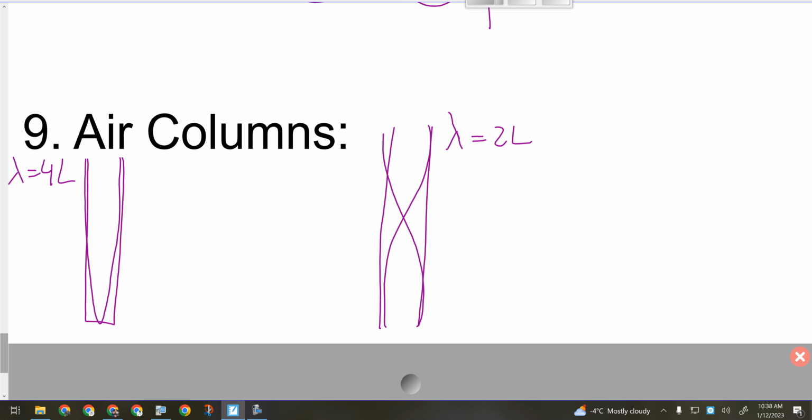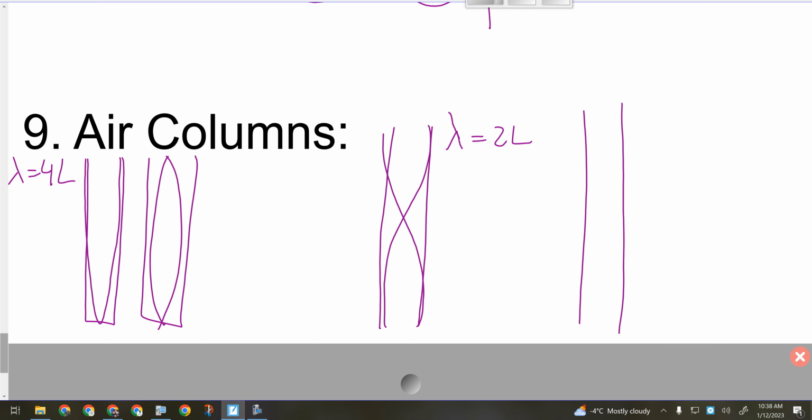What would be the next one you'd hear for a closed air column? 3. Because remember, closed air columns only resonate at every other harmonic frequency, because at F2 you have a node at the top. F2 for this one makes a sound.